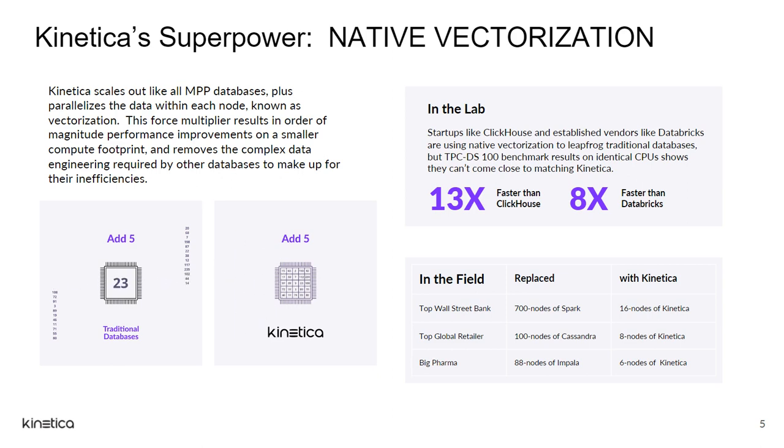Let Kinetica worry about the data consumption and then query your full relational data in its native schemas in an ad hoc way with the high performance that your data consumption layers need.